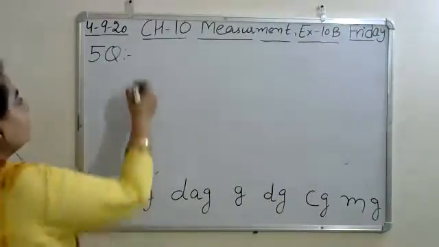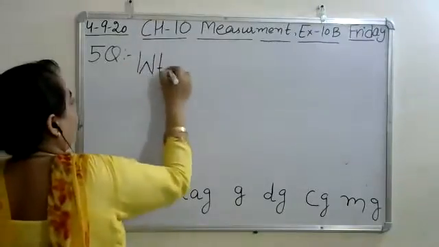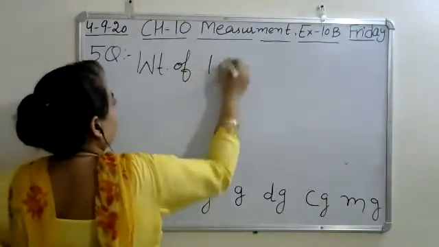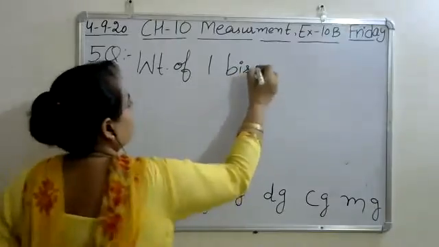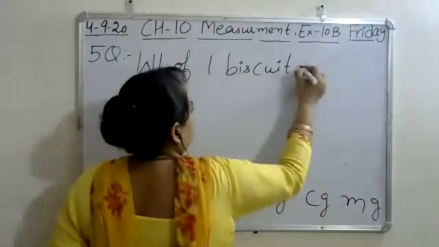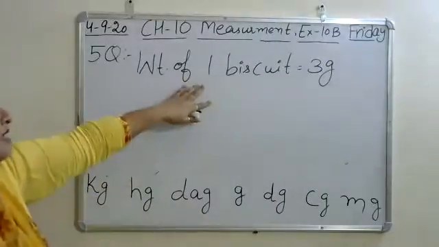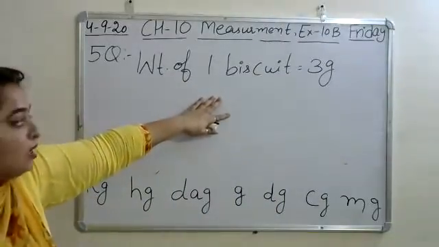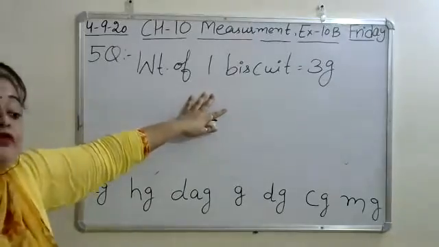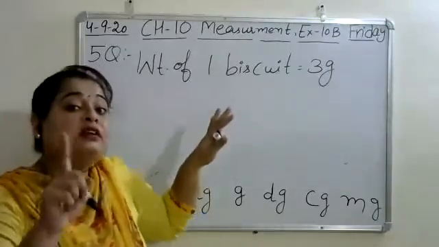So you will write here weight of one biscuit is equal to 3 gram. This is given in the question, but the question is based on finding the weight of 1 dozen.